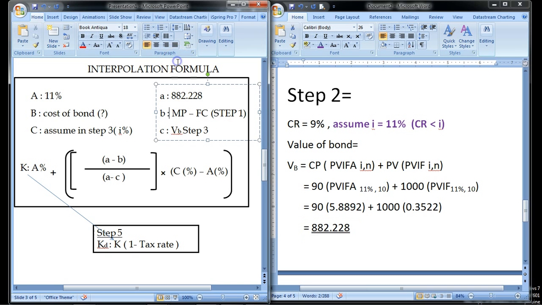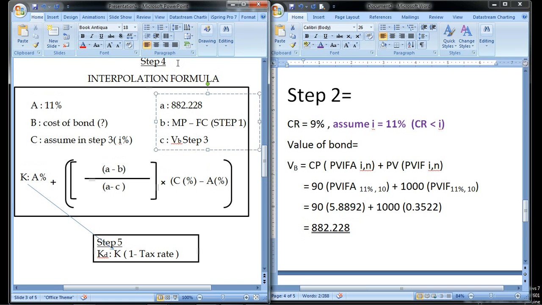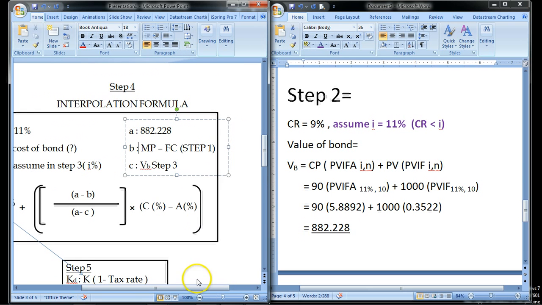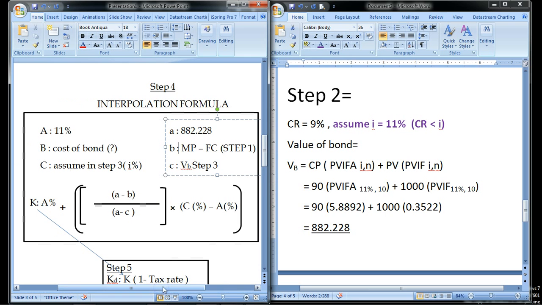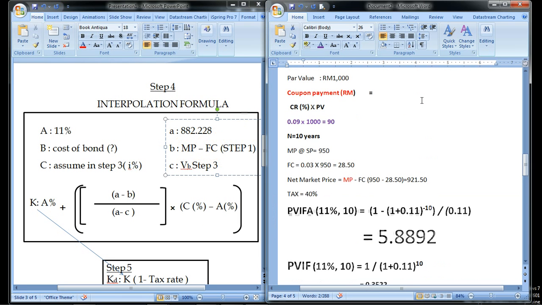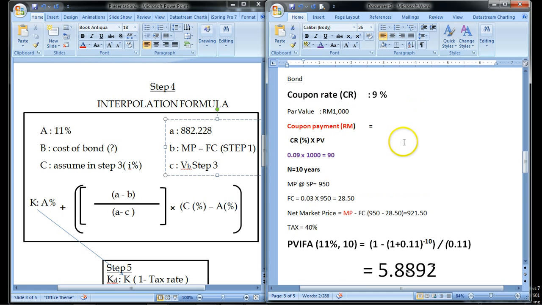Now, from where can I get MP and FC? Class, remember, this is the next step, step 4, just now was step 3. Now you're calculating step 4. How to calculate? Where can you get this answer? From step 1. Where's step 1 just now? I have copy pasted it.